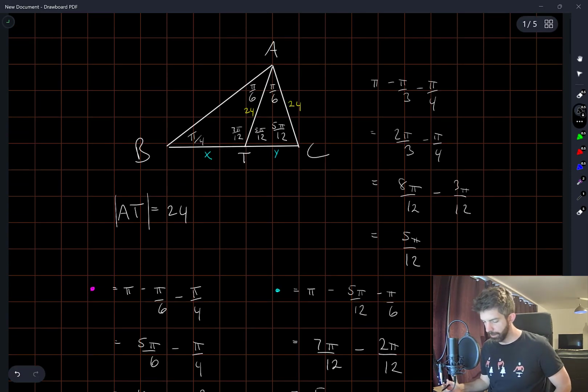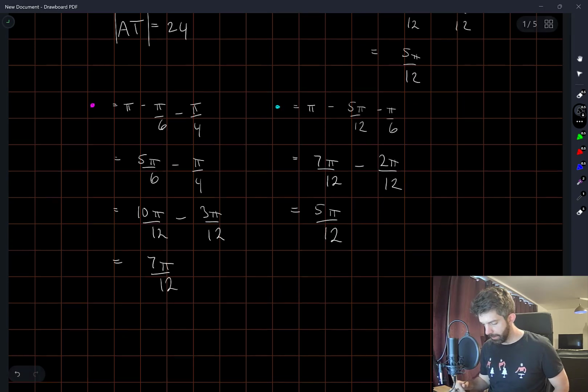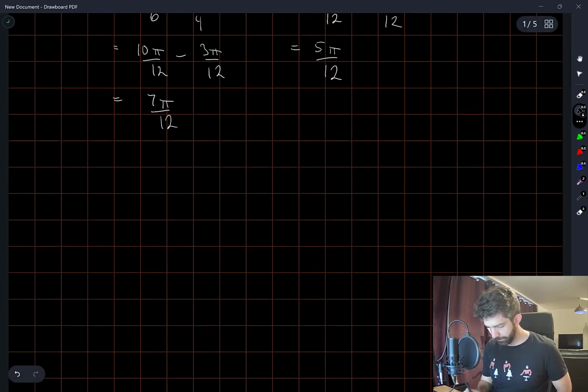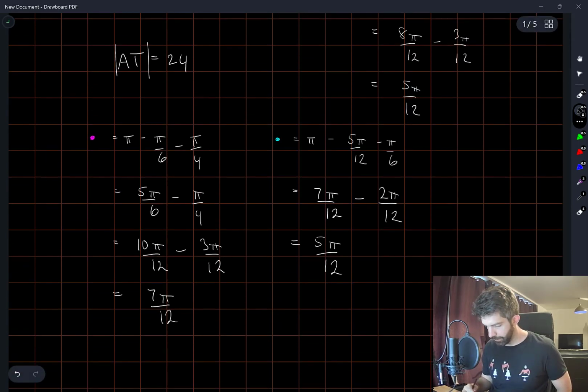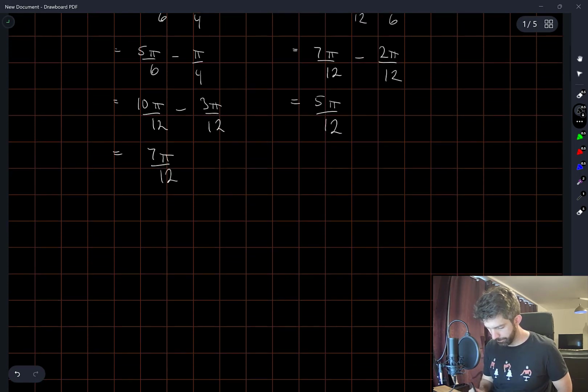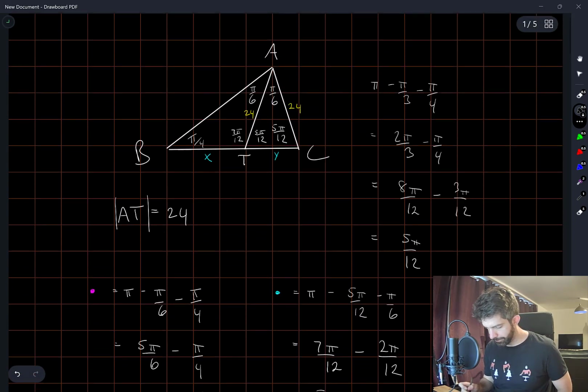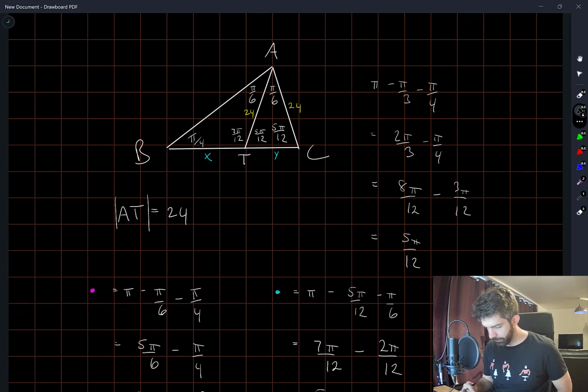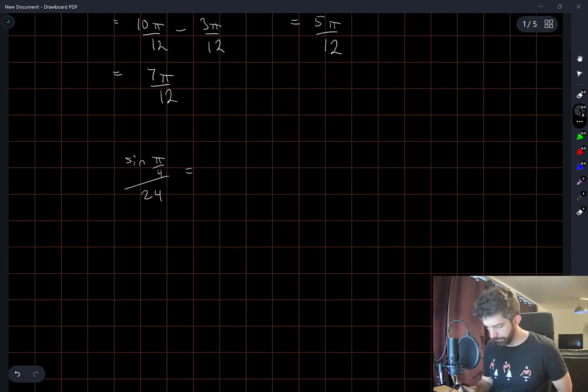How does the sine law work? 24 divided by sine of pi over 4 is equal to sine of pi over 6 over x.